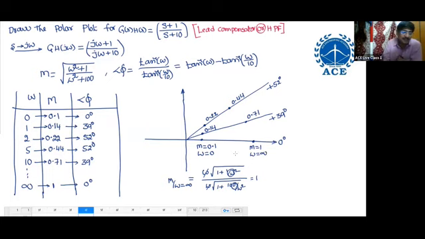Join all these points, then it will become the polar plot.